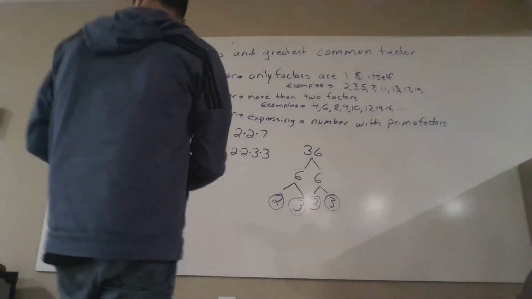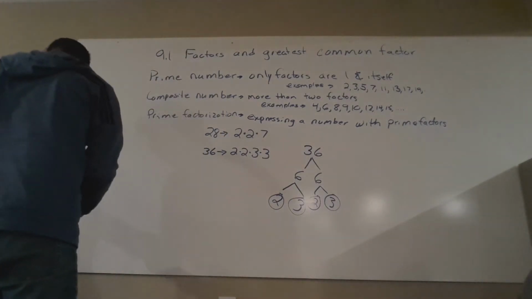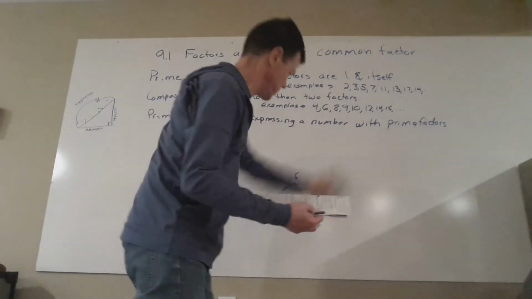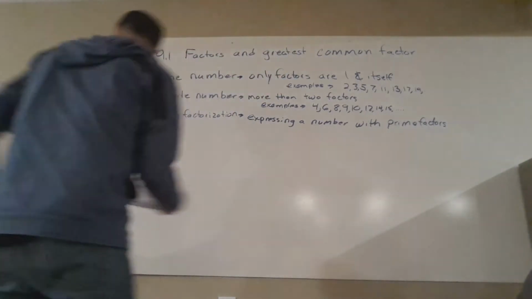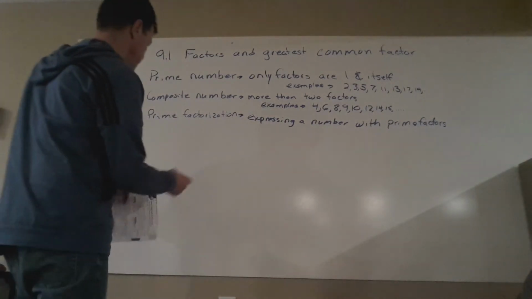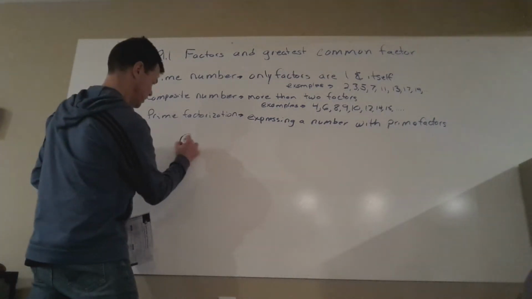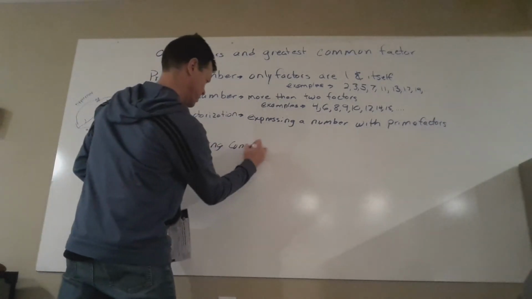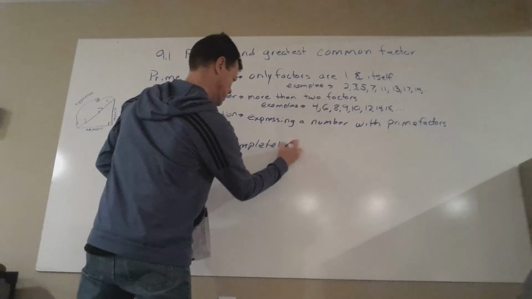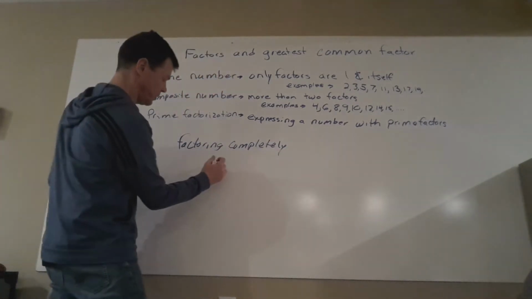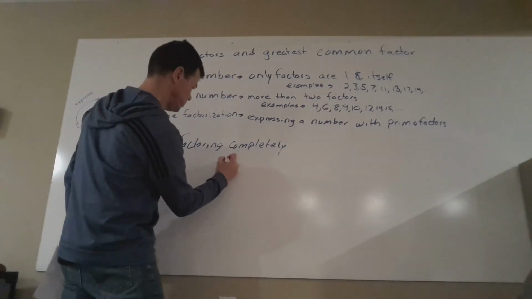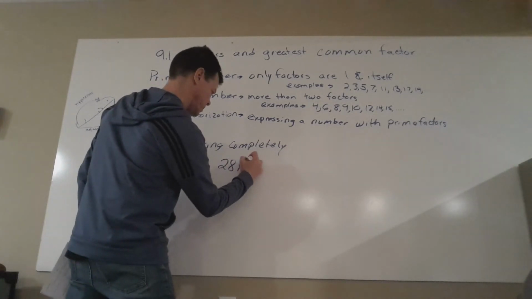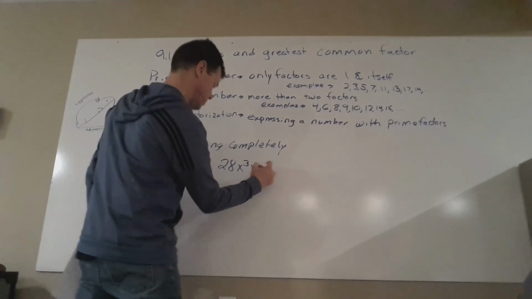If I were to factor a monomial completely, this is what I would want you to be looking at. All right, example of factoring completely. Let's say we had 28x cubed y.